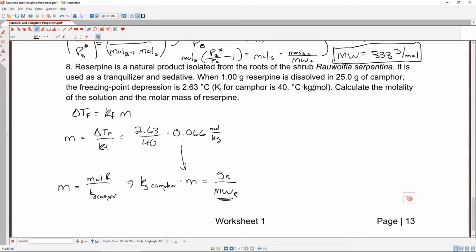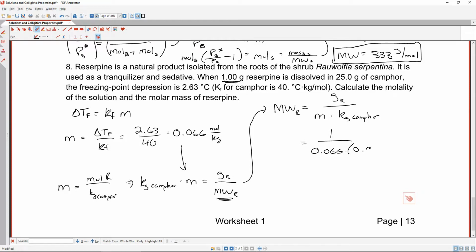We have the mass when 1 gram of that is added. So let's do some solving. The molecular weight of R is equal to grams of R divided by our molality times our kilograms of camphor. Plugging stuff in: mass of R is 1, our molality is 0.066, and our kilograms of camphor is 0.025.